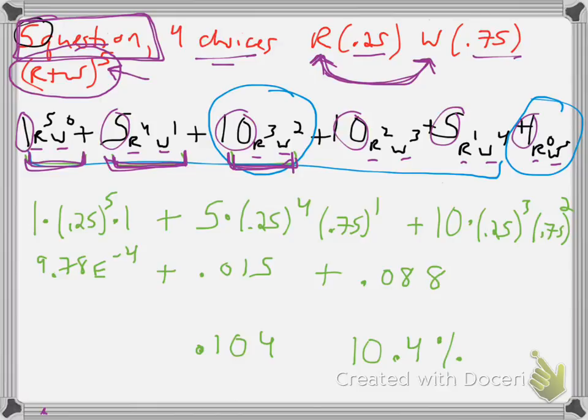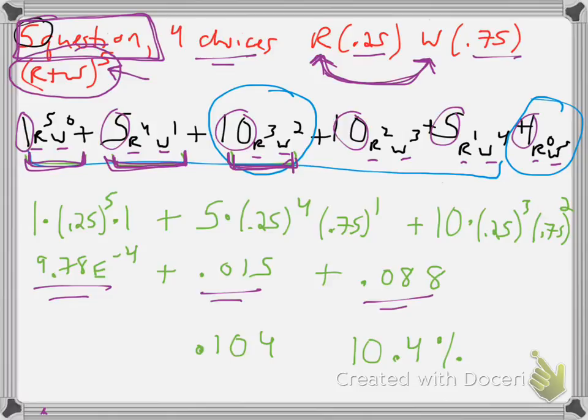1 times 0.25 to the 5th times 1 gives me 9.78 e to the negative 4. 5 times 0.25 to the 4th times 0.75 to the 1st gives me 0.015. And then 10 times 0.25 cubed times 0.75 squared gives me 0.088.